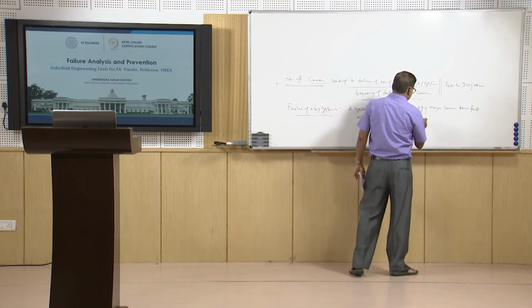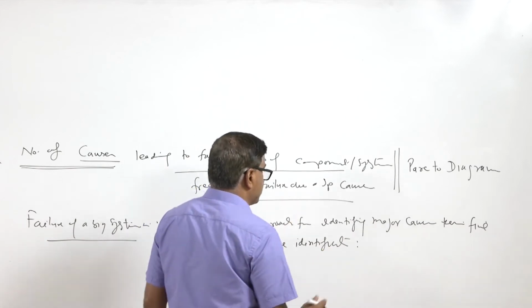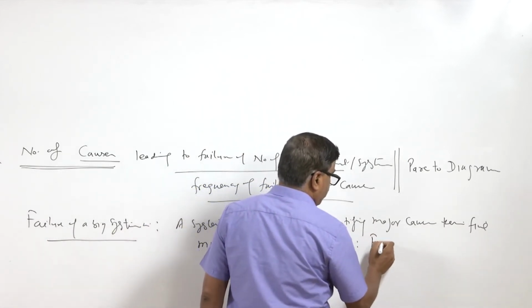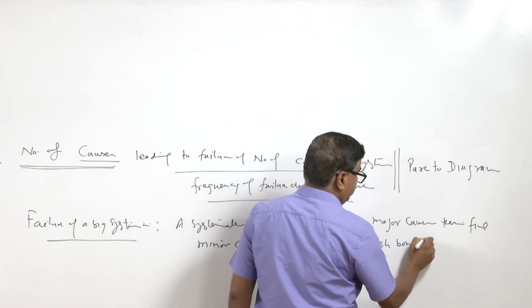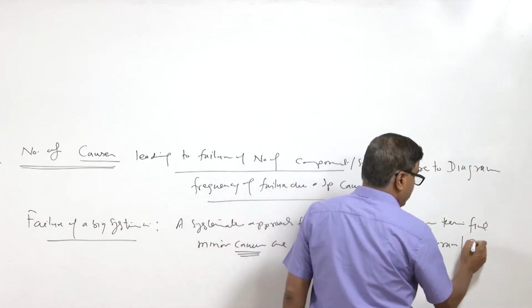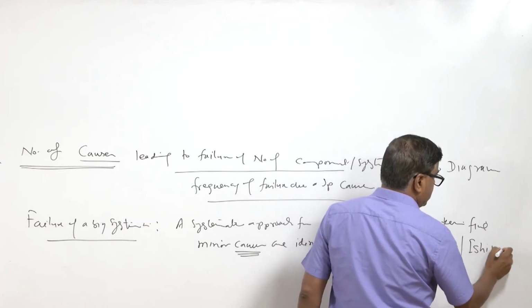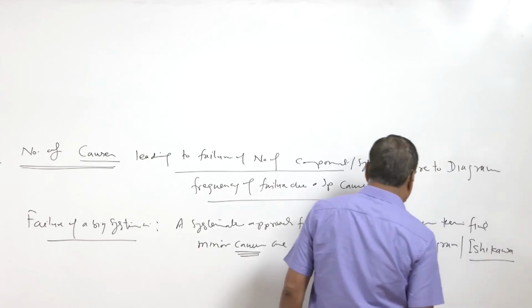So, for this identification purpose, one tool which is used is called Fishbone diagram. This was developed by one Japanese scientist, Ishikawa. So, it is also known as Ishikawa diagram.